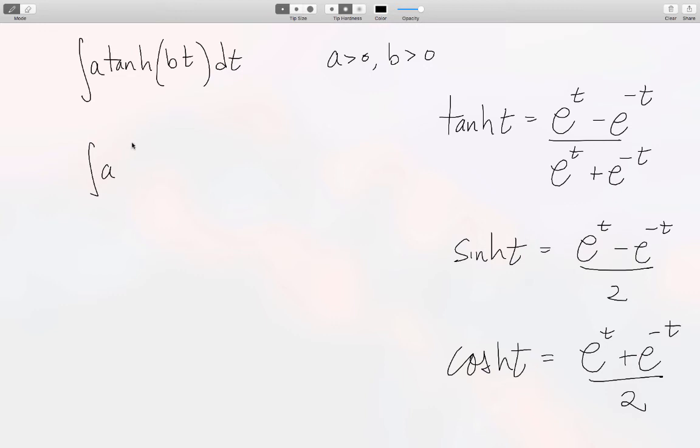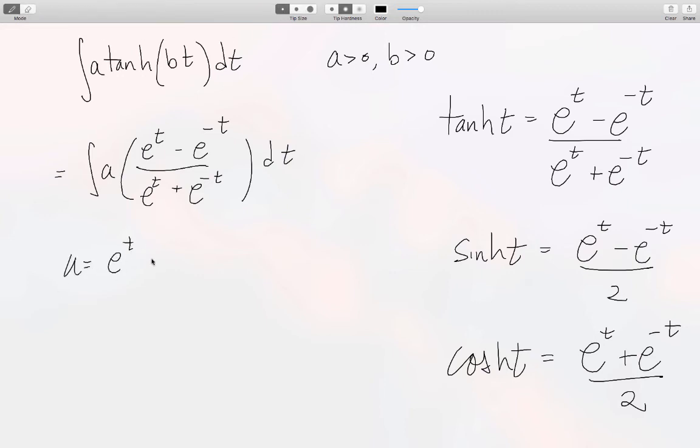So let's say tangent hyperbolic is e to the t minus e to the minus t, everything divided by e to the t plus e to the minus t, and then I'll do a substitution right there. And the substitution I'll make is this thing on the bottom.